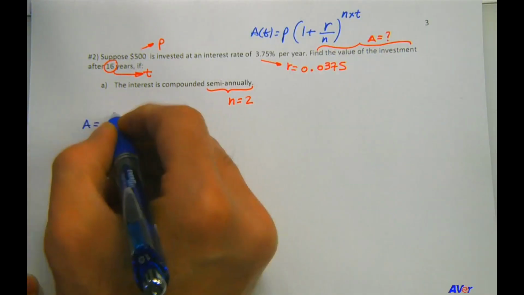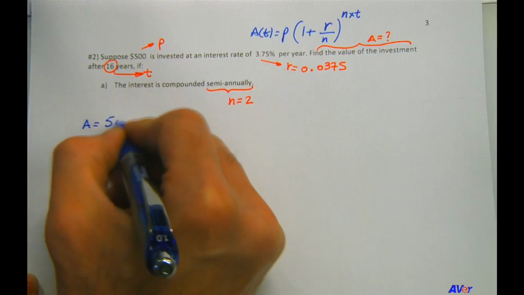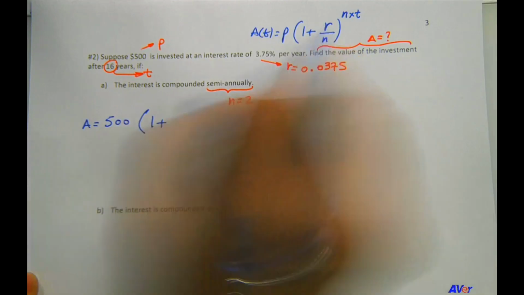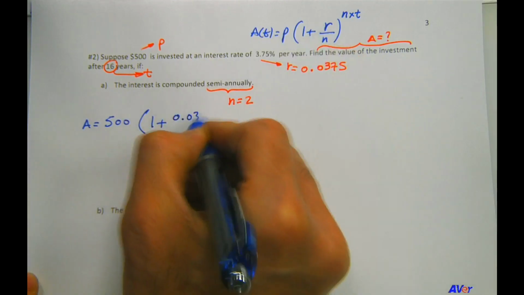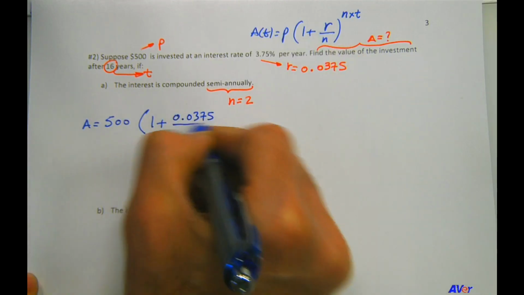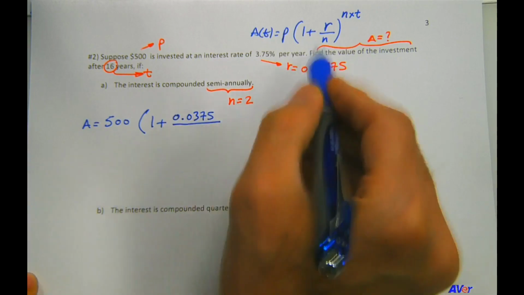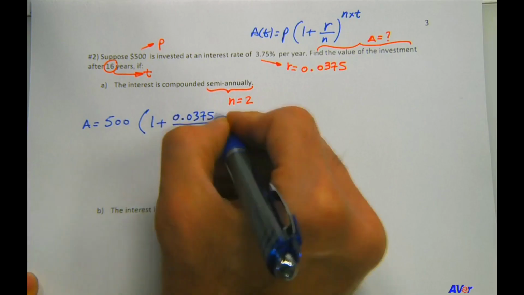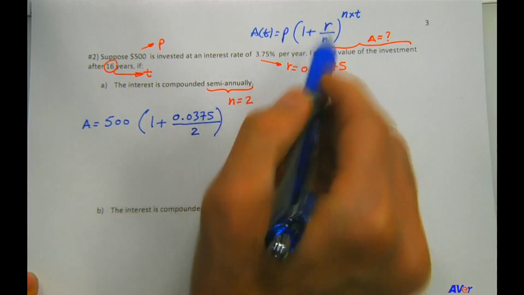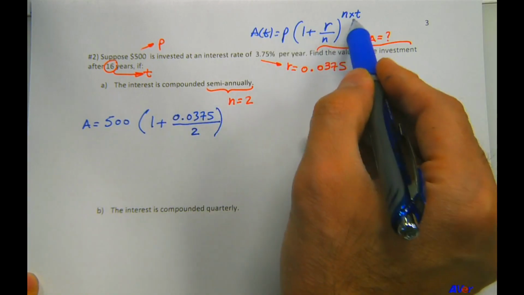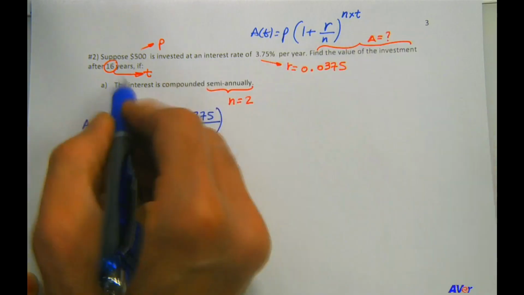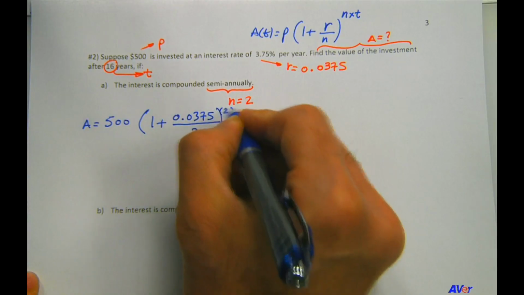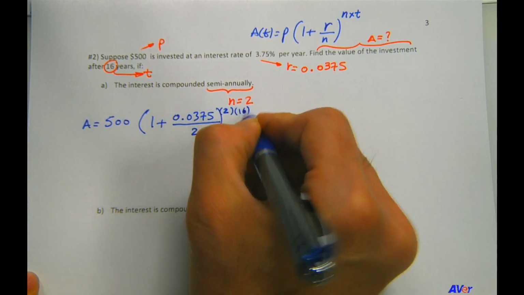So A is equal to $500, which is the principal, times (1 plus R, which is 0.0375, divided by N, in this case semi-annual, so N is 2). The power would be N times T, where T is 16 years and N is 2, so 2 times 16.